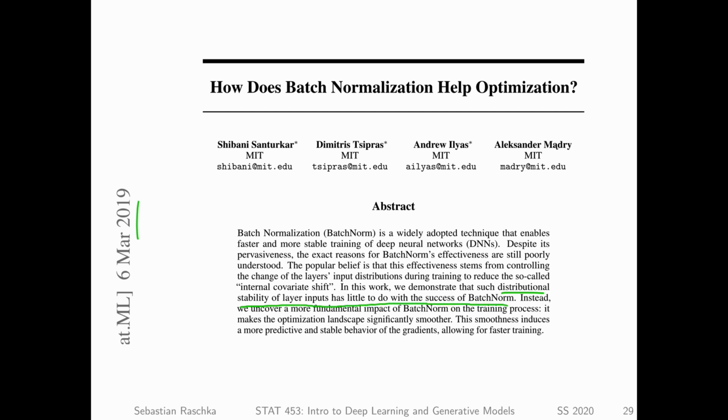So they hypothesize that batch norm works not really due to preventing the internal covariate shift, but maybe due to something else. They hypothesized that this is mainly due to making the optimization landscape smoother.